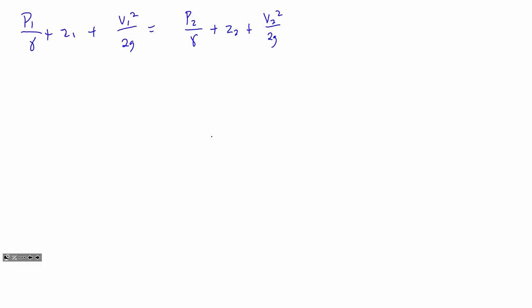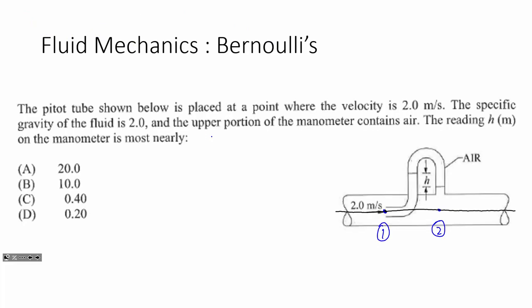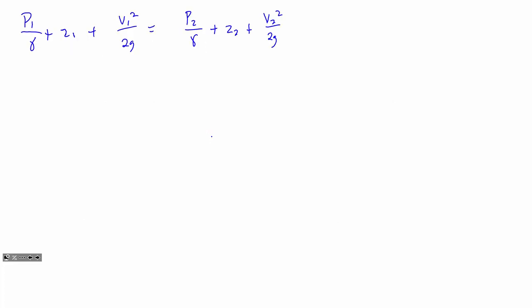So we can start canceling out terms. The first thing we want to do when we work a Bernoulli problem is cancel out stuff that is easy and we already know. We see here this is a horizontal pipe, and so along this streamline we're not going to have an elevation difference. Since we have 0 elevation difference, the difference between Z1 and Z2 will be 0.